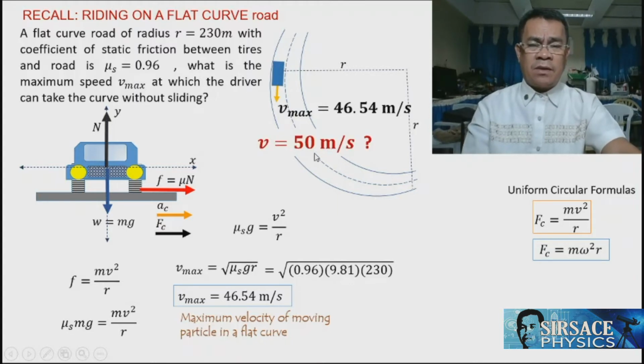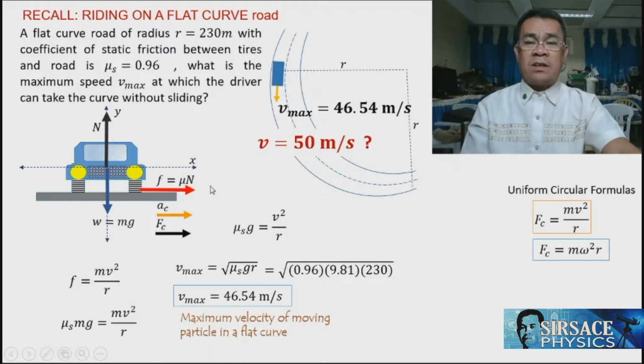The question is, can we do it? Okay. Now, if you stay on this road, which is a flat road, then you cannot travel at the speed of 50 because 50 is more than 46.